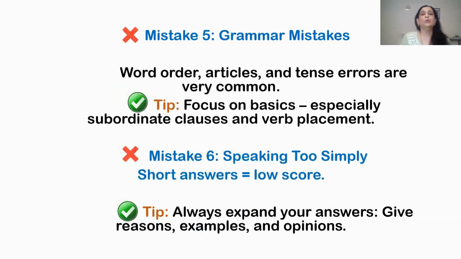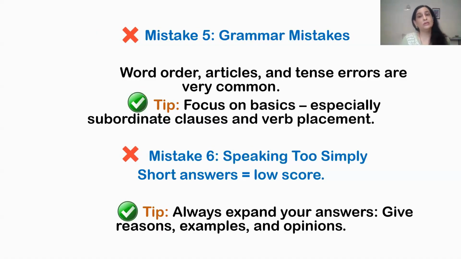Now coming to mistake 5. These are grammar mistakes, very, very important. Word order, articles, and tense errors are very common. You know that in German, word order is very, very important. And if you don't follow that, you will lose your marks.